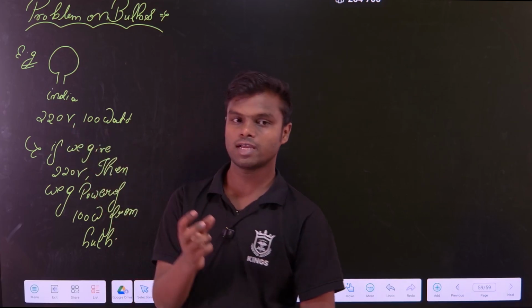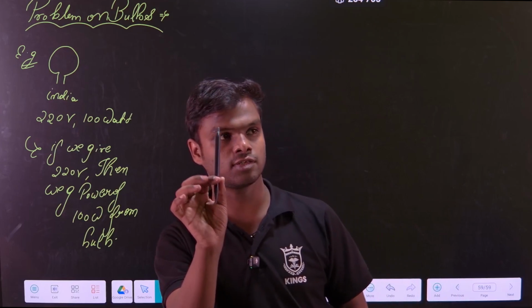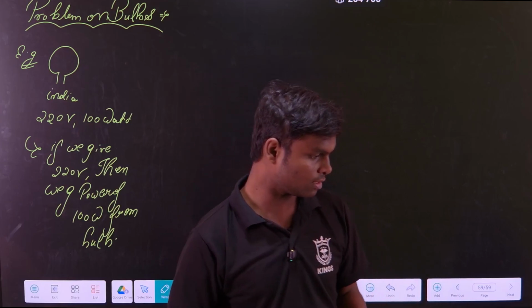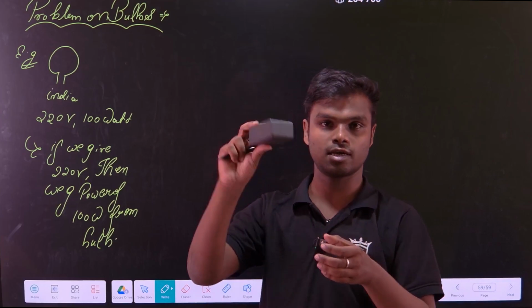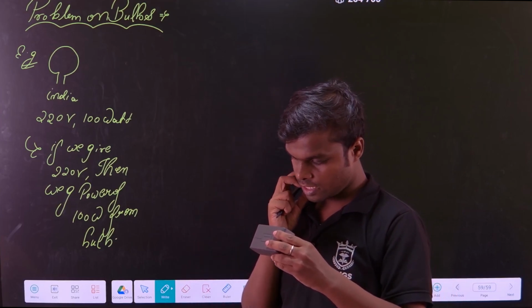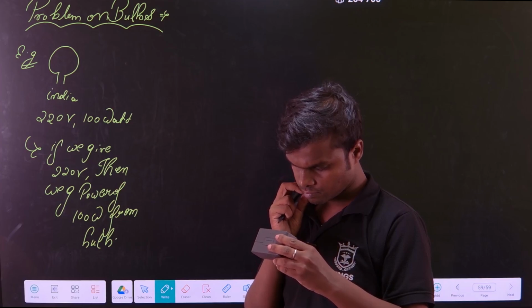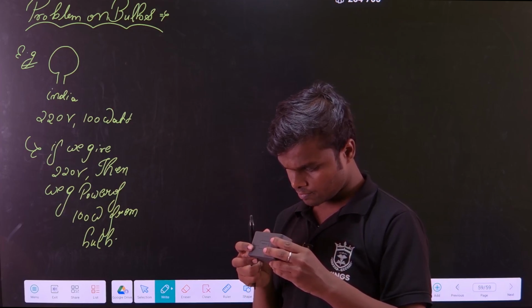For every device there is a power rating. Suppose I am using this device also, there is a power rating for this. This is a Bluetooth speaker we are using, and if you see, there is a power rating written here. Let me see what they have written.